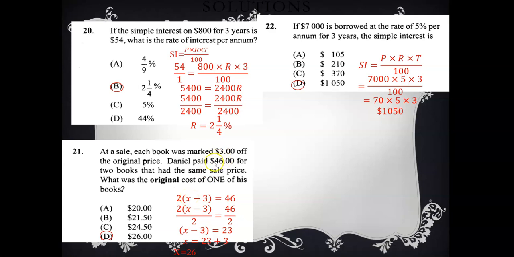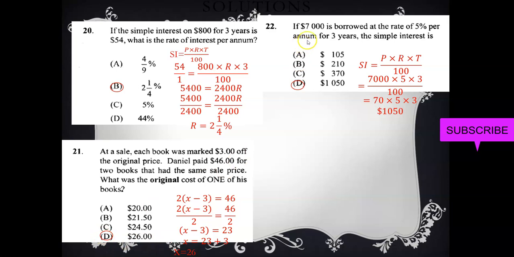Daniel paid $46 for 2 books. So 2 multiplied by the price of the book minus $3 is equal to 46. And we simplify that. Divide by what's not in the bracket first, the coefficient of the bracket. So we divide both sides by 2. So we end up with x minus 3 is equal to 23. And we transpose negative 3 by adding it to both sides. So we end up with x equal 23 plus 3, that's $26.